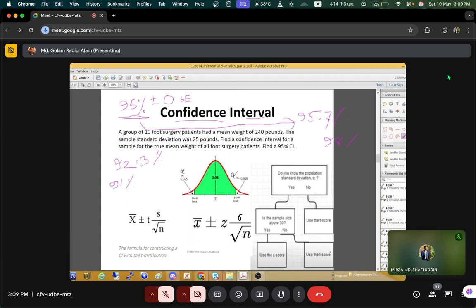So in that case, you can say that the result will vary within 92 to 96%, within this interval. Like sometimes 92%, sometimes 96%. So you can define this as the lower limit, and this as the upper limit.